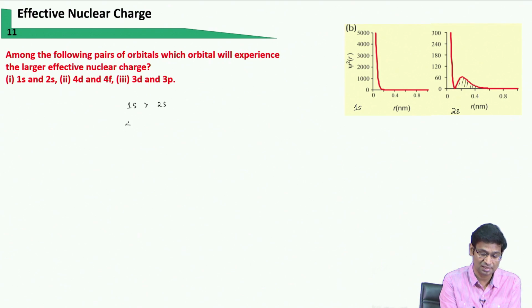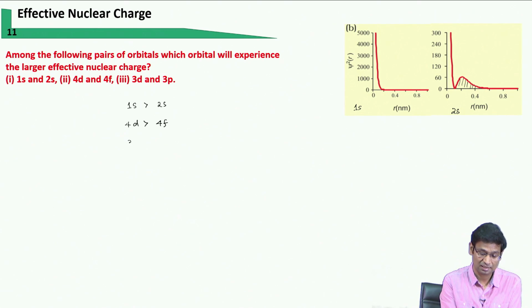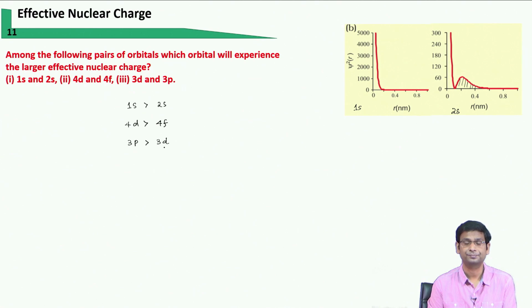Therefore, 4d's effective nuclear charge will be greater than 4f. If I compare 3d and 3p, the argument is again the same. The 3d orbital has l equals 2, which is more diffused compared to the 3p orbitals, whose l equals 1. Remember, we are doing this only when the principal quantum number n is the same. So 3p will experience more effective nuclear charge than 3d.